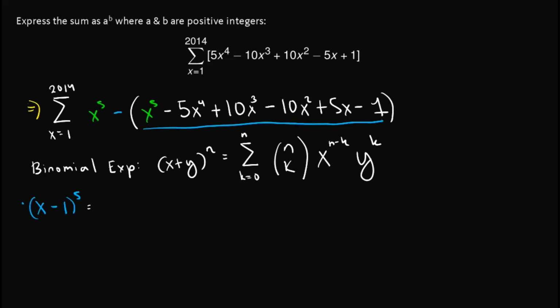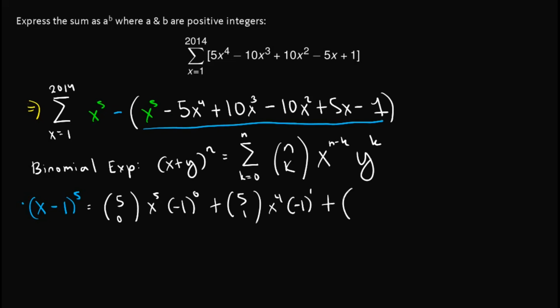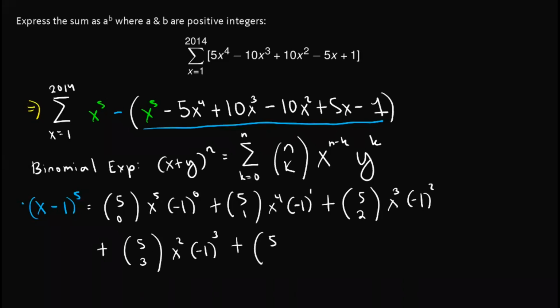So applying the binomial expansion would give us the combination of 5 and 0, x raised to 5 times negative 1 raised to 0, plus the combination of 5 and 1, x raised to 4 times negative 1 raised to 1, plus the combination of 5 and 2, x cubed times negative 1 squared, plus the combination of 5 and 3 times x squared times negative 1 cubed, plus the combination of 5 and 4 times x raised to 1 times negative 1 raised to 4, plus the combination of 5 and 5 times x raised to 0 times negative 1 raised to 5.